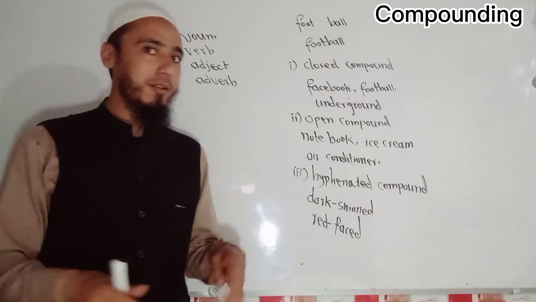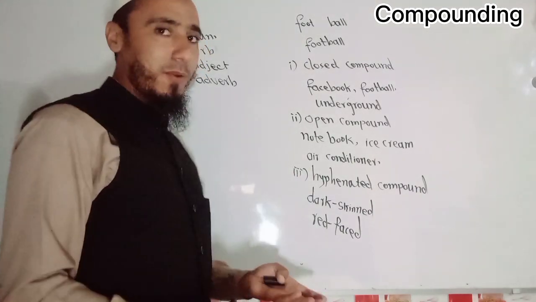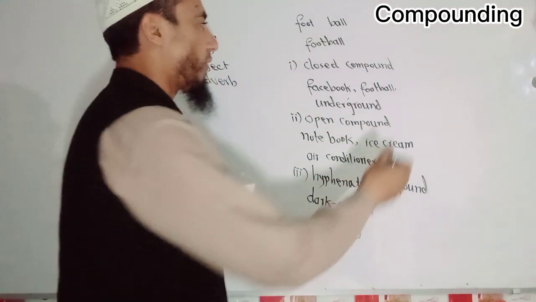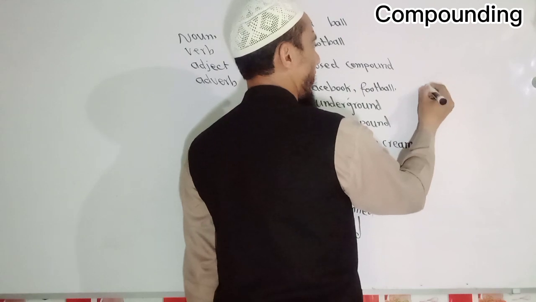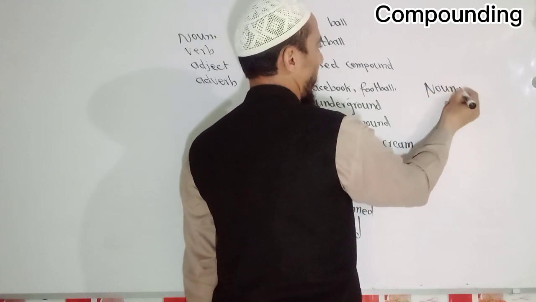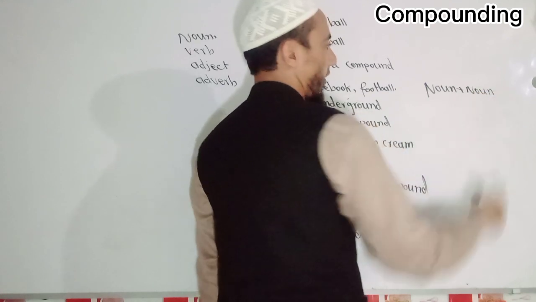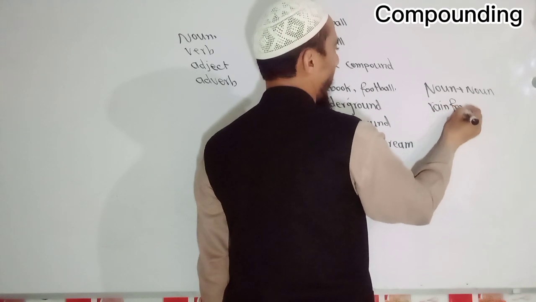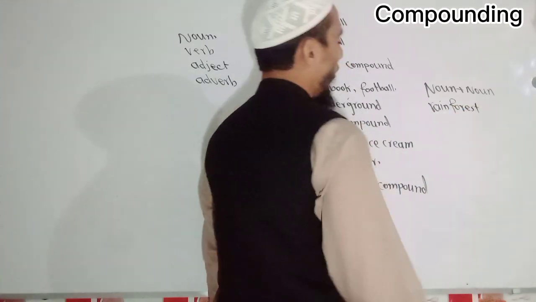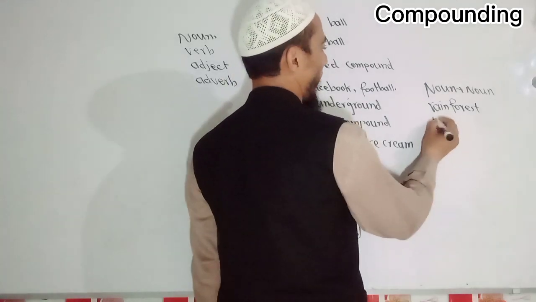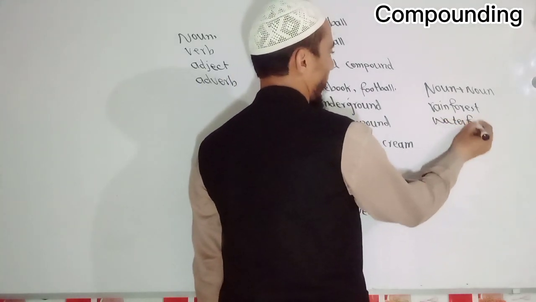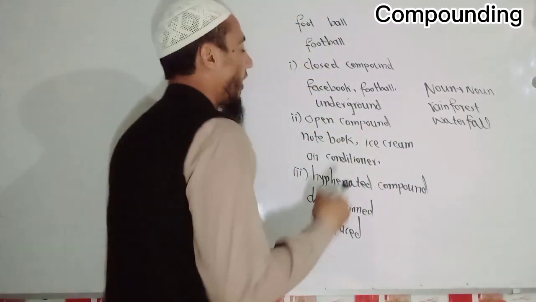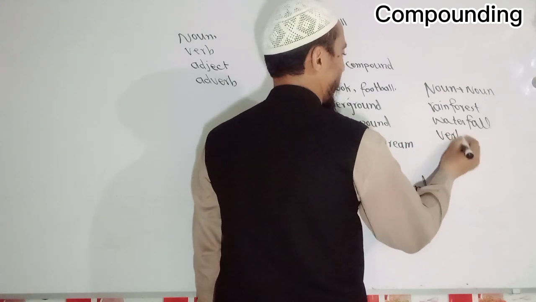And you can make a compound from them, like noun plus noun. So we call them compound noun. For example, rainforest. Or take the example of waterfall. So noun plus noun. Or toothpaste, football.